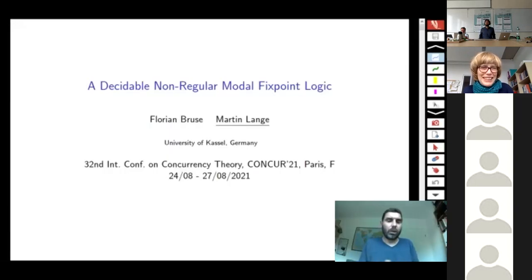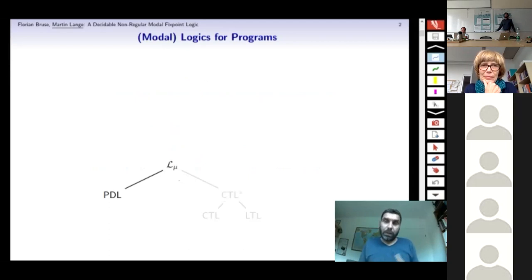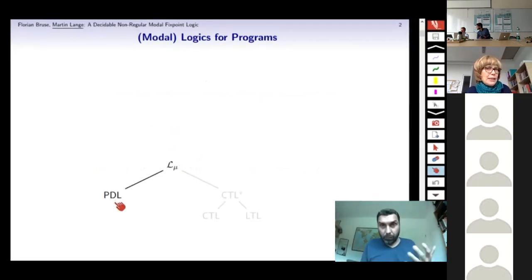Hi, I'm Martin Lange and I'm presenting joint work with Florian Bruse on a decidable non-regular modal fixed point logic. So to start, I need to recall two things that are quite important: the modal mu calculus, and the propositional dynamic logic over regular programs, which I assume you are familiar with.